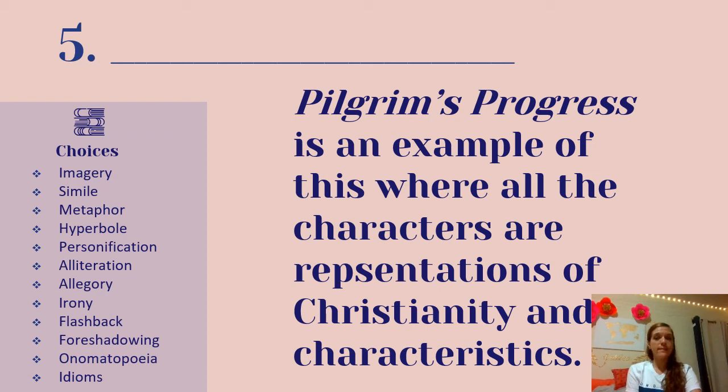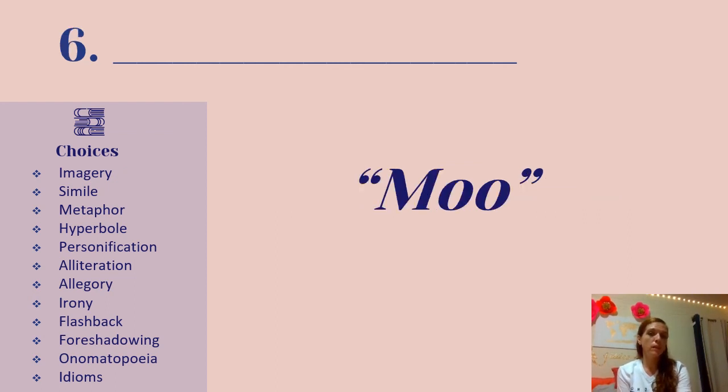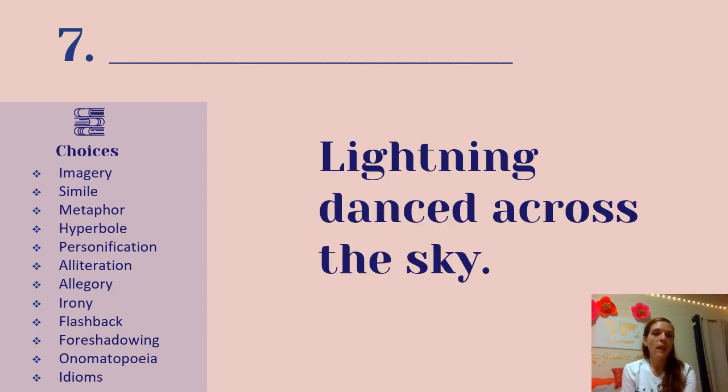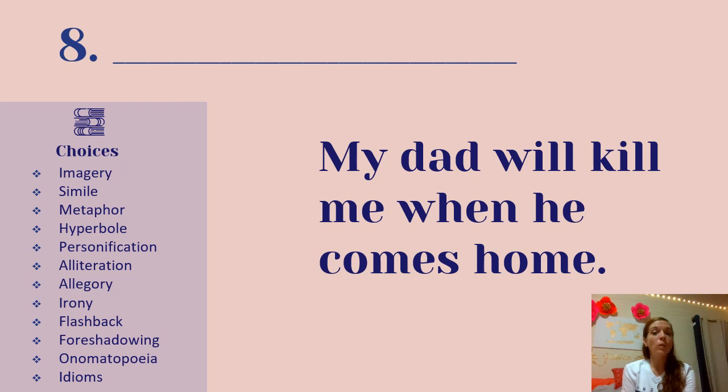Pilgrim's Progress is an example of this, one of these things, where all the characters are representations of Christianity and its characteristics. Moo. Lightning danced across the sky. My dad will kill me when he comes home.